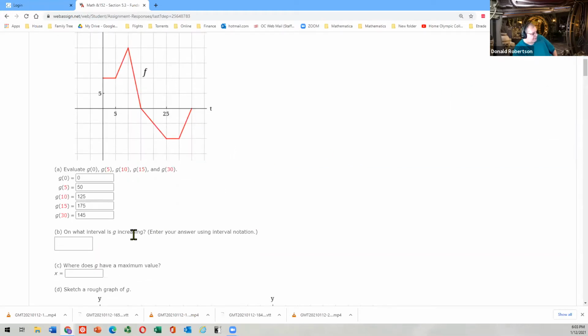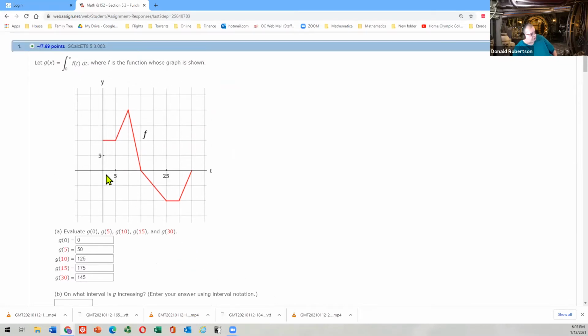Now, the next question says, on what interval is G increasing? So when X is 0 to 5 to 10 to 15 to 20 to 25 and to 30, isn't the area only increasing up to one specific number?